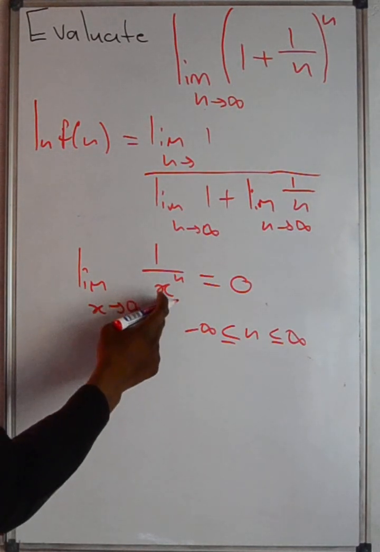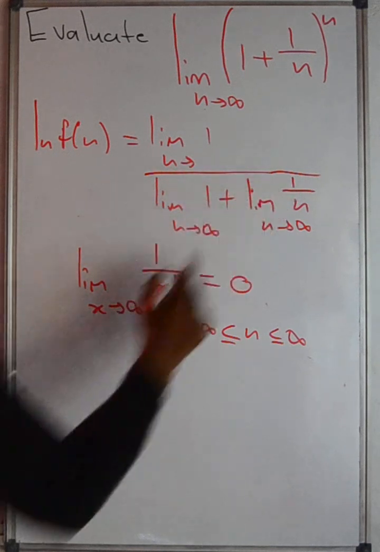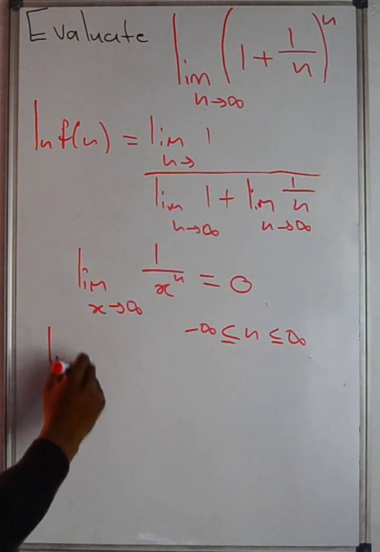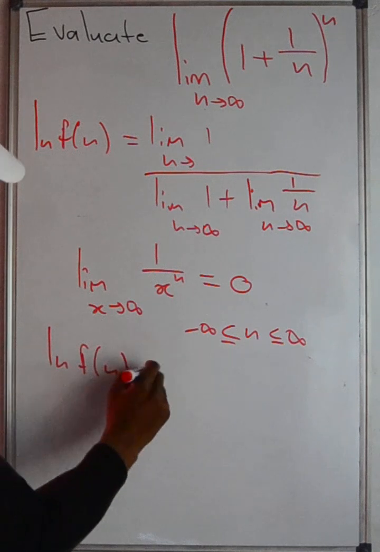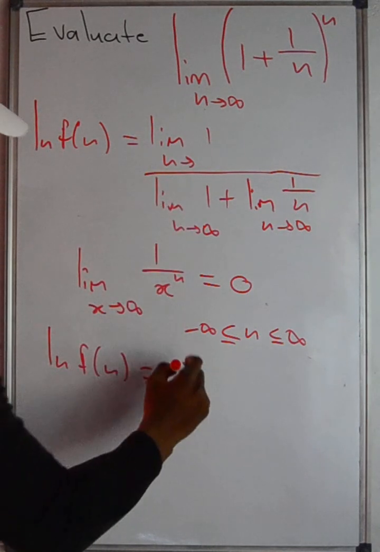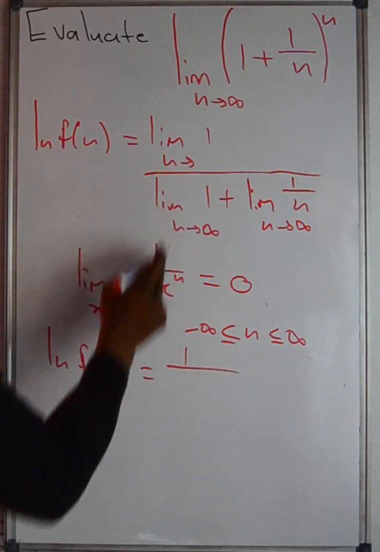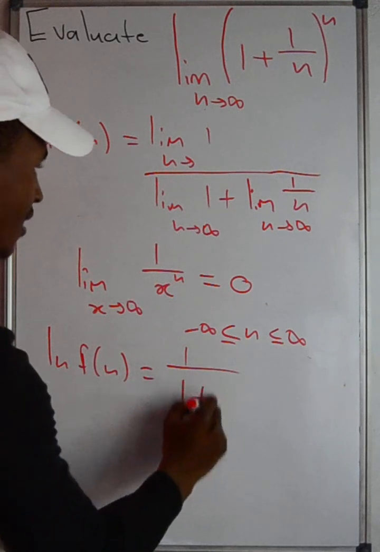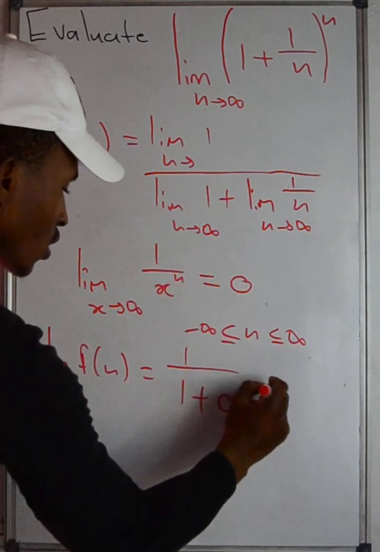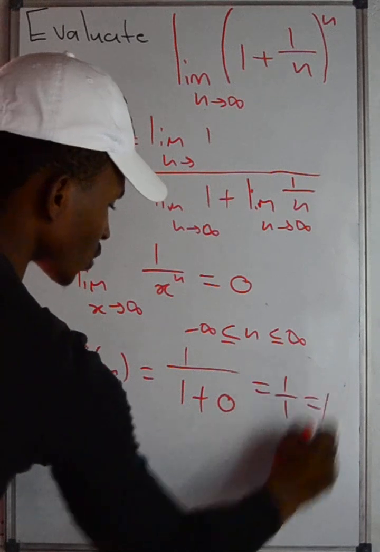So we can see that this case is actually the same as that one. So we are going to have ln of f of n equal to, the limit of a constant is just the constant, and here it is just 1 plus, but this one will go to 0. So it's 1 over 1, which is just 1.